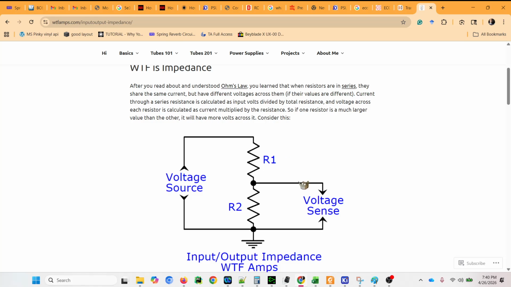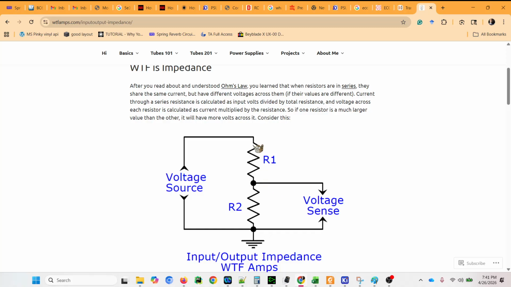So you could look at this kind of like a potentiometer with your guitar signal coming in here, the wiper of your potentiometer being here, and your guitar signal coming out of here, this being the output. The bottom part of that pot goes to ground. If the wiper is in the middle, 50% of the resistance is here, 50% of the resistance is here, and you lose 50% of your signal.